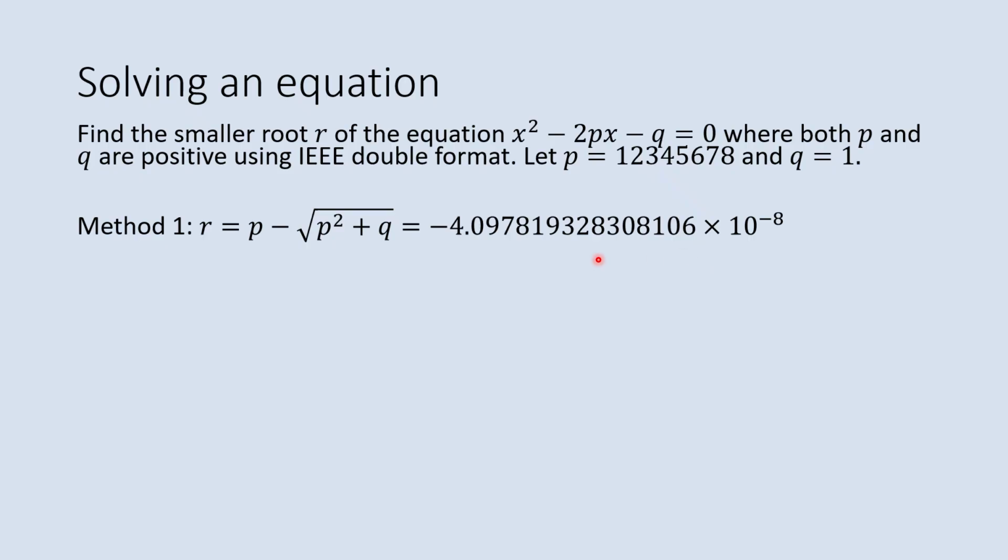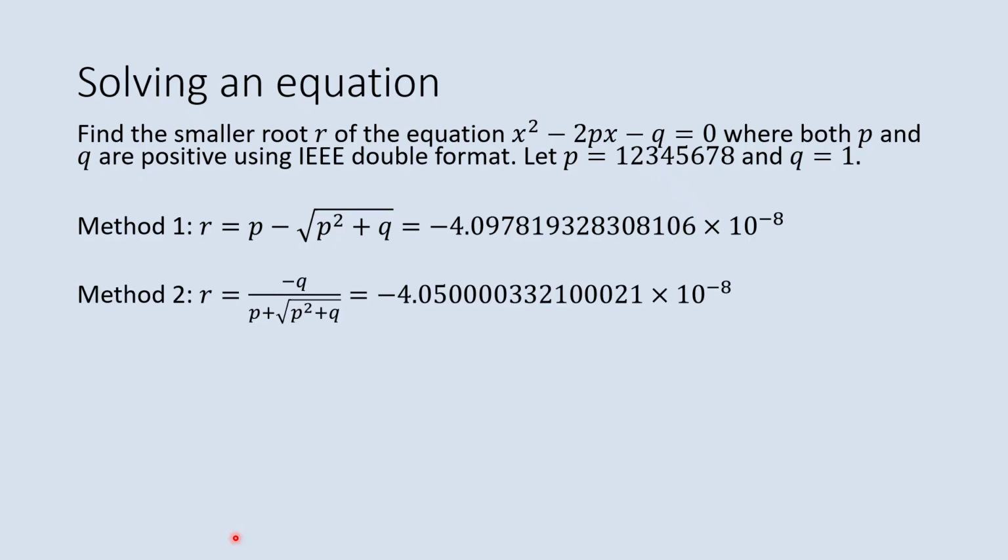But the idea is that if we apply the quadratic formula directly to the equation, mathematically, these symbols are the exact answer, and using Python to calculate, this is the answer that we would get back.